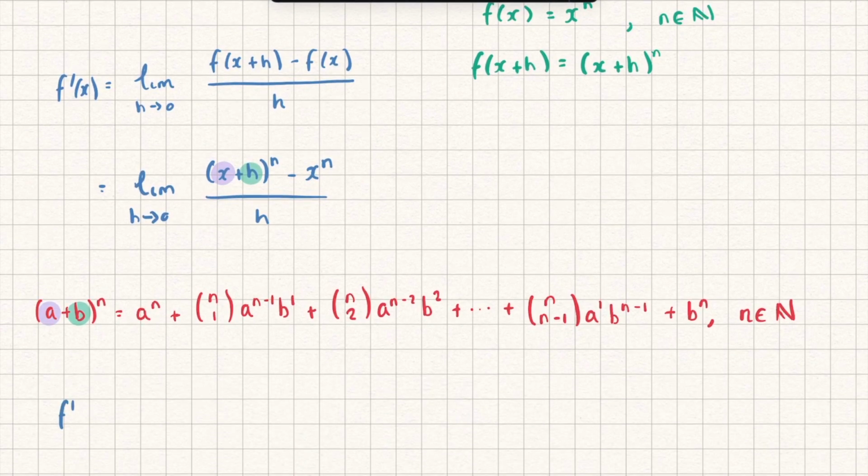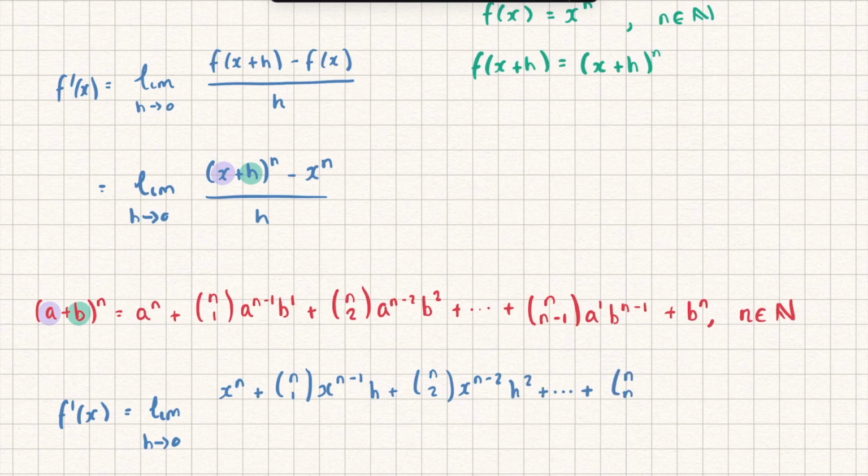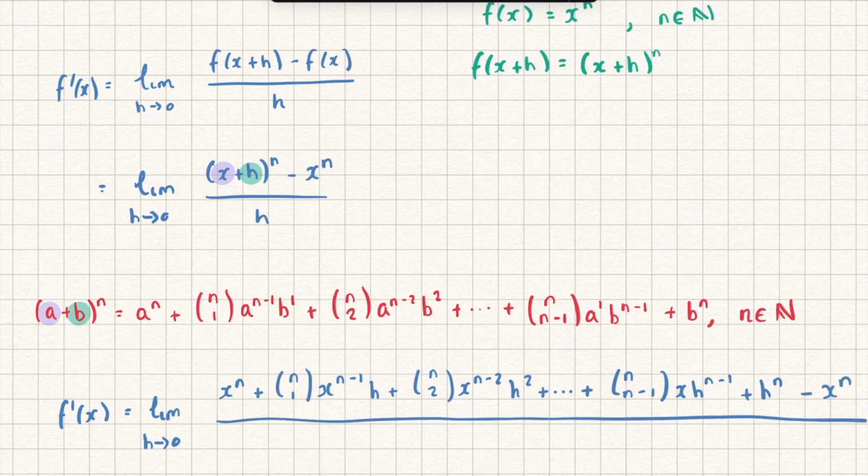So our derivative f dash of x is equal to the limit as h tends to 0 of, well, it's a to the n, and we said that a was x, so it's going to be x to the n, plus n choose 1 times a to the n minus 1, so that's x to the n minus 1 multiplied by b, which we said was h, plus n choose 2 times x to the n minus 2 times h squared, plus all the way up to n choose n minus 1 multiplied by x times h to the n minus 1, plus h to the n. And then we're subtracting from that f of x, which is x to the n, and everything is then divided by h.